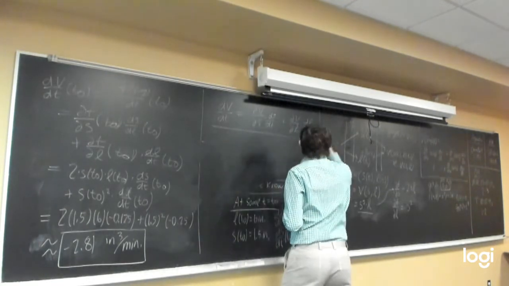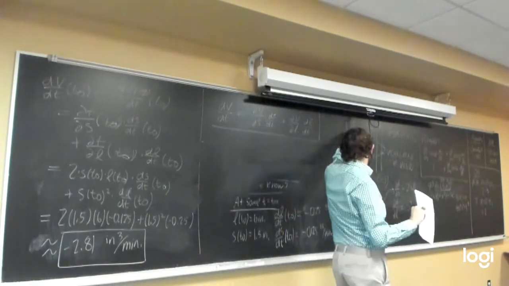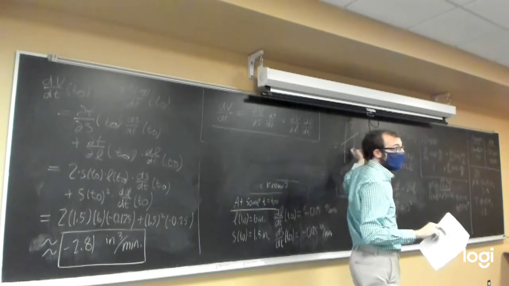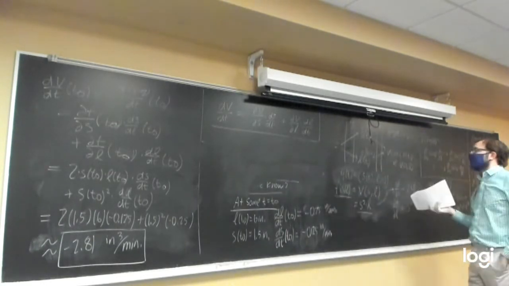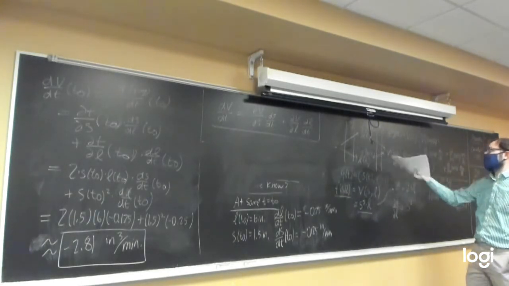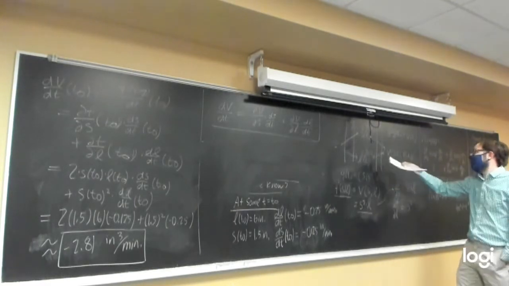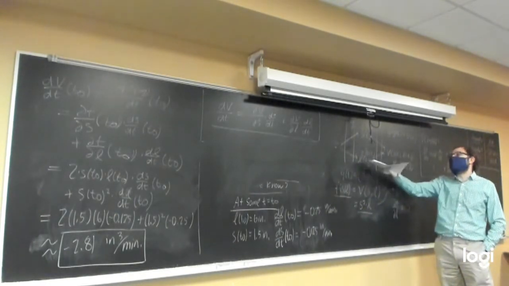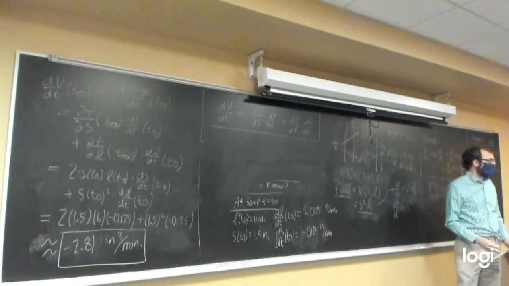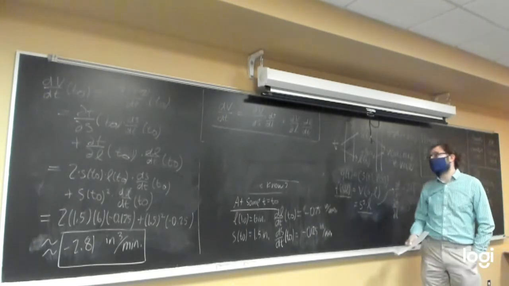Here volume is a function of S and L, which are themselves functions of t. To find the derivative of volume with respect to time, we take the partial derivative of volume with respect to S times the derivative of S with respect to t, and add that to the partial derivative of volume with respect to L times the derivative of L with respect to t. That's the essence of how the multivariable chain rule works.